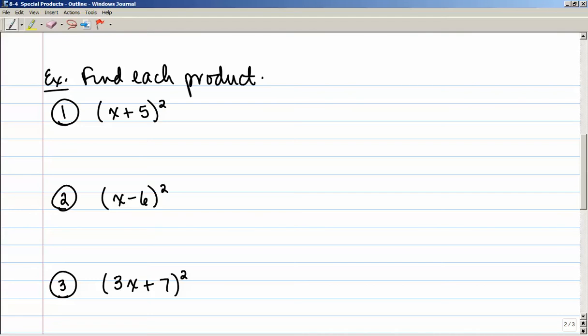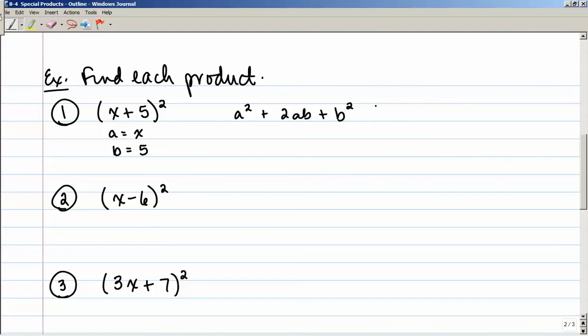Now this is going to follow the formula a squared plus 2ab plus b squared, because this is the square of a sum. First thing I'd like to do is identify a. A is going to be x, and b is 5. Now all I need to do is plug those into this formula.